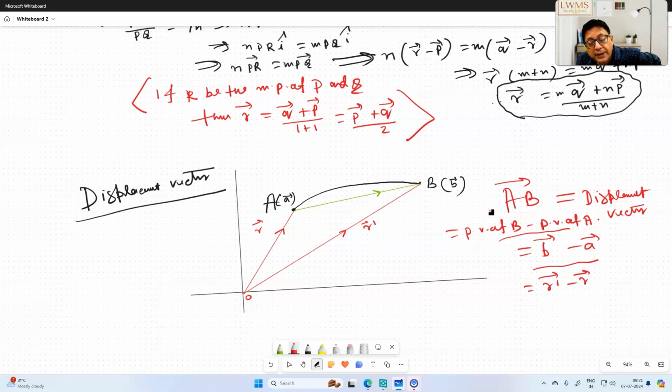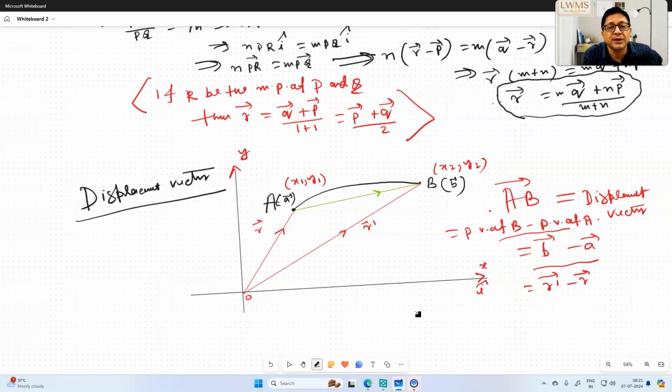Clear? Now, this point A might have coordinates x1, y1, and this one x2, y2. Then we can easily express the OA vector. OA vector can be written in terms of the unit vector along the x-axis and along the y-axis. This we have done in previous sessions. So if we take j cap as the unit vector along the y-axis, then you express this R dash vector or B vector, whatever you see.